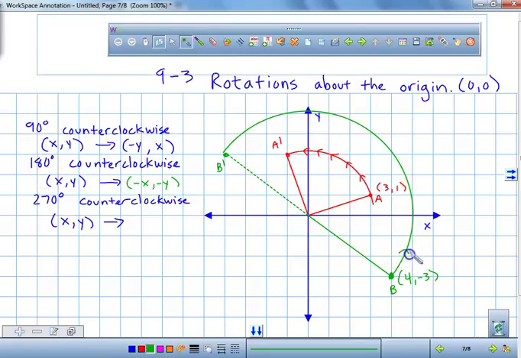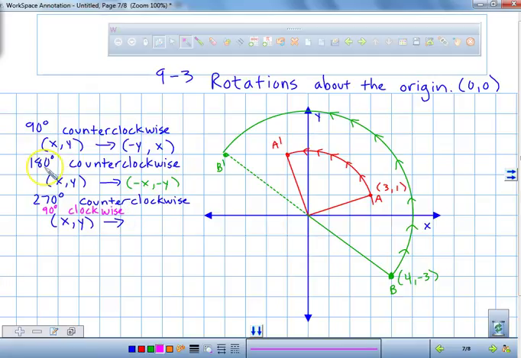And it's still going which direction? Counterclockwise. I mean, clockwise. Right. But clockwise is the same place. Now, the last one I think is the most interesting because it's going 270 degrees counterclockwise, which is the same as saying 90 degrees clockwise.